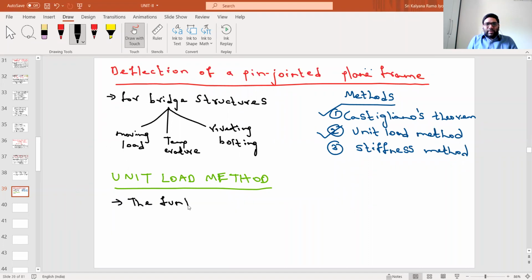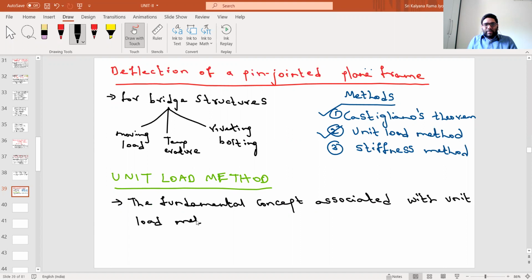The fundamental concept associated with the unit load method is strain energy.